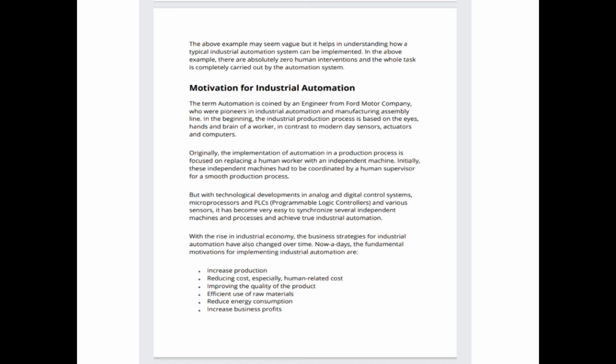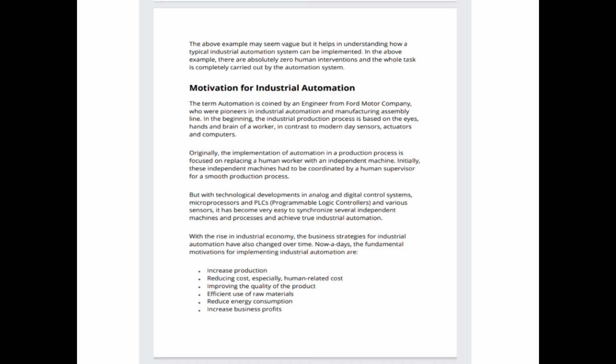In contrast to modern day sensors, actuators and computers, originally the implementation of automation in a production process focused on replacing a human worker with independent machines. Initially, these independent machines had to be coordinated by a human supervisor for a smooth production process.